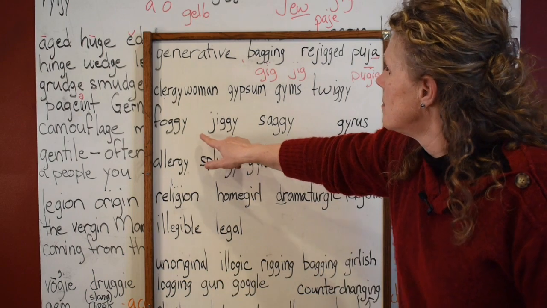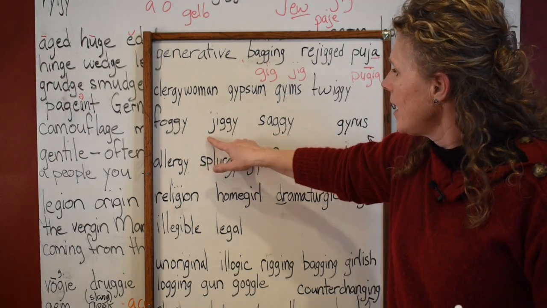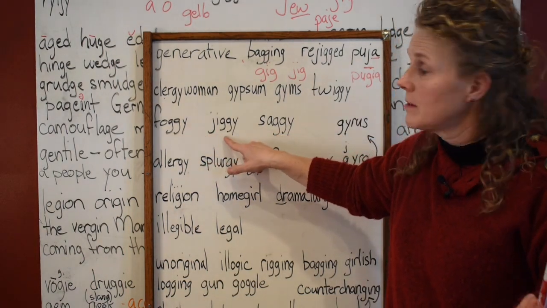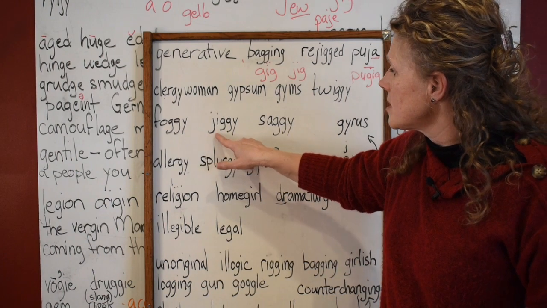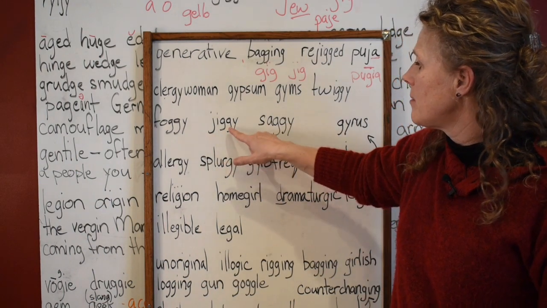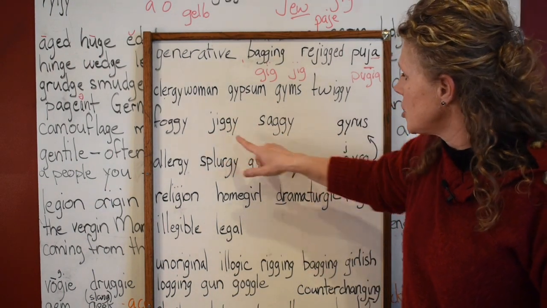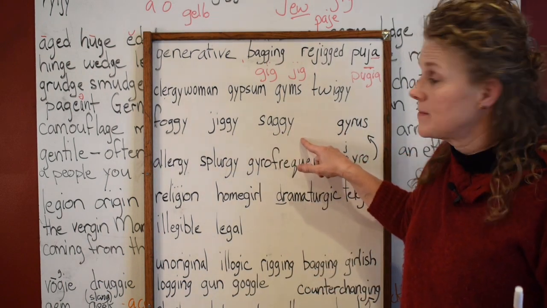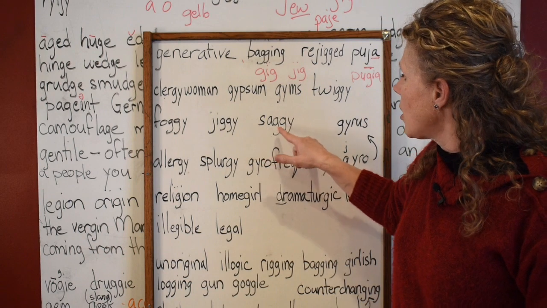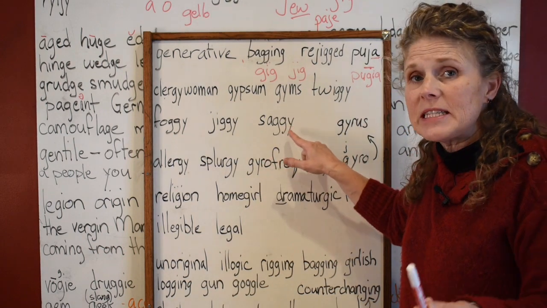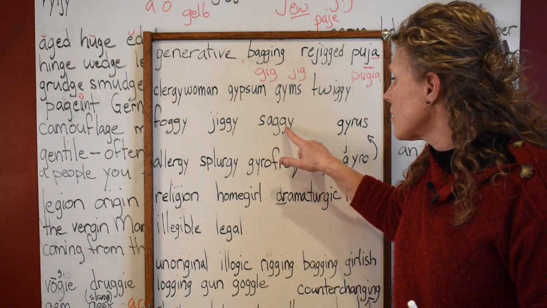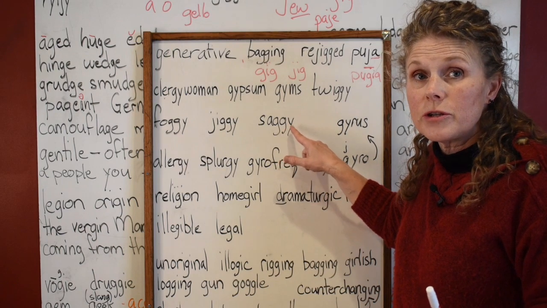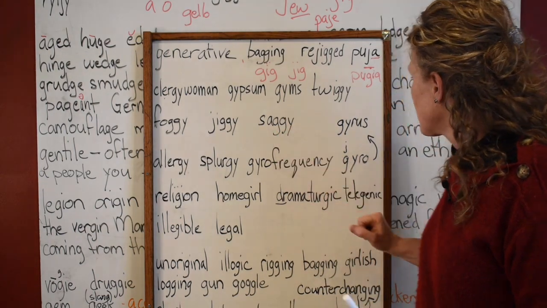Okay? Jiggy. Your base word is what, Daniel? Jig. So your consonant, vowel, consonant, you double it before you add on your vowel suffix. Jiggy. Saggy. What's your base word? Sag. It's a consonant, vowel, consonant, you double it. So it's keeping the sound right here, and it's not turning to the j sound.